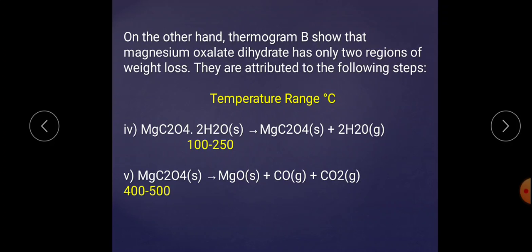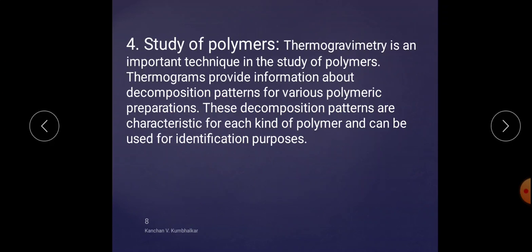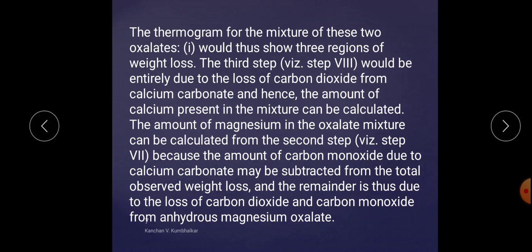So between 400 and 500 this reaction occurs. This is the explanation regarding the third one, the region for C. Hence, on the basis of this, we can identify the percentage of magnesium and the percentage of calcium in a mixture of calcium oxalate and magnesium oxalate.